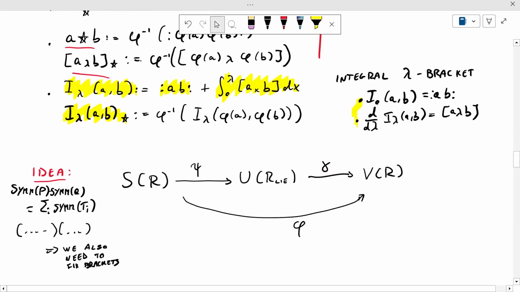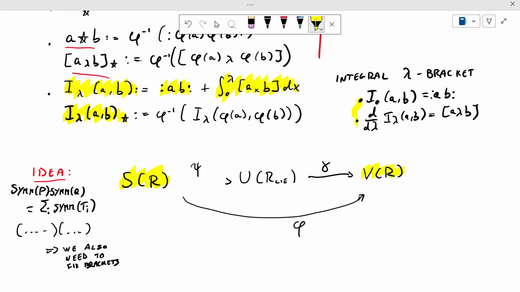So there are these two things to do: commutativity and associativity. Now, the idea is to try and do the two things separately. So instead of going directly from the Poisson vertex algebra to the vertex algebra, we take this stop in between. So what is this algebra here? This is actually a universal enveloping algebra.